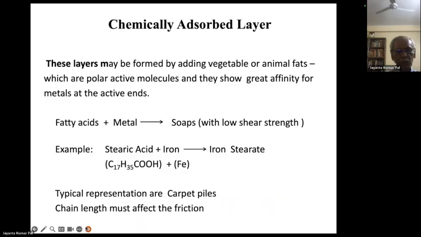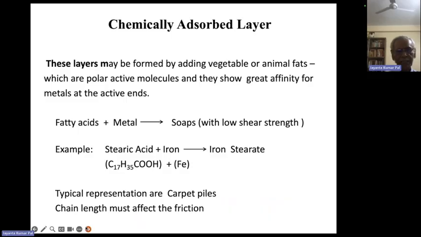In fact, in the book on history of tribology by Duncan Dawson, he has mentioned one very interesting point, that in the early days of Roman civilization, the chariot wheels used to be nailed, and on the nails they used to put animal fats, which help stop wear of the wheels.